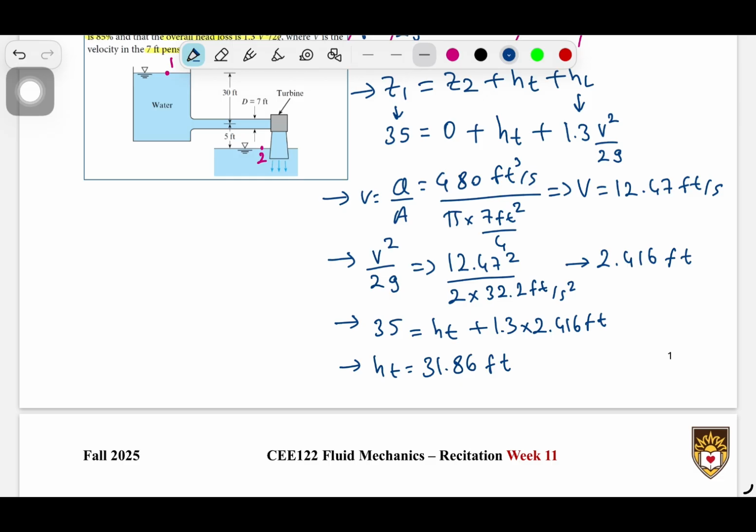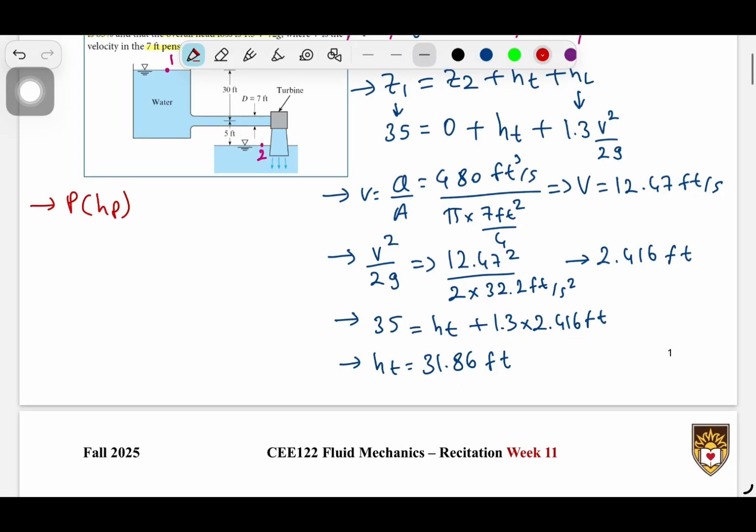So to find the power output from the turbine, we need to use this. And we usually calculate it in horsepower or megawatts. So let's continue with horsepower, then we can convert to megawatt.